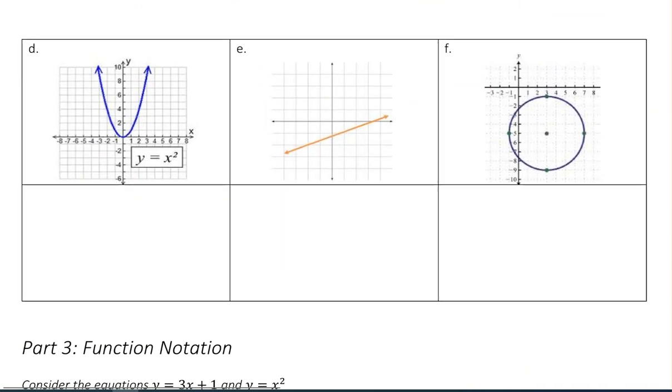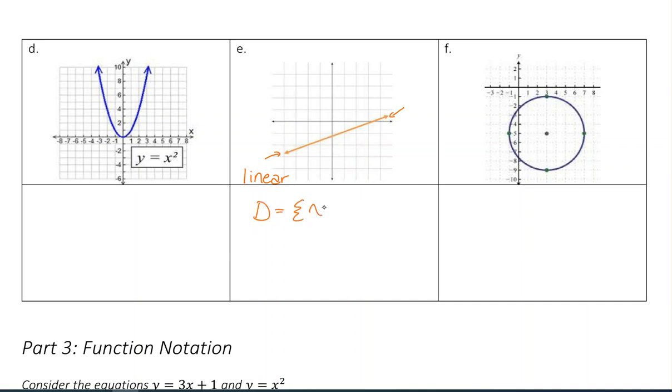Now we have some graphs. Of these three examples, there should be one that you can list without any assistance. If you look here, we have a linear line. You know, with these arrows on both sides of it, that it extends in both directions. Therefore, every value is going to be possible.